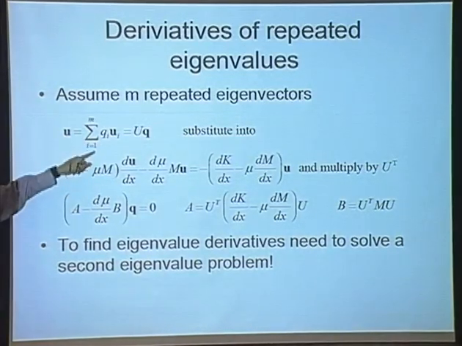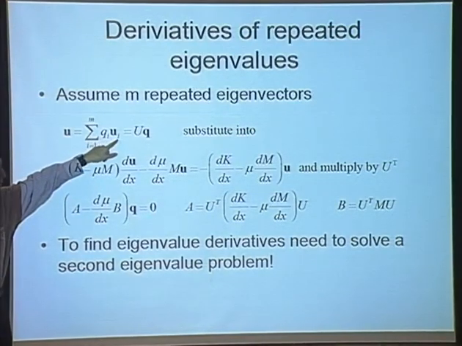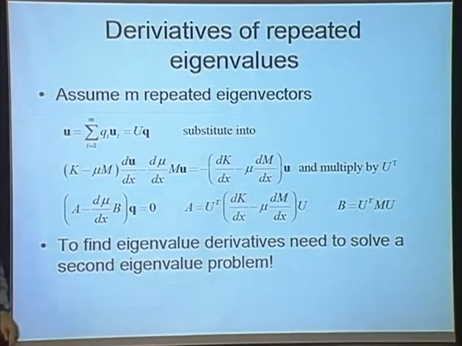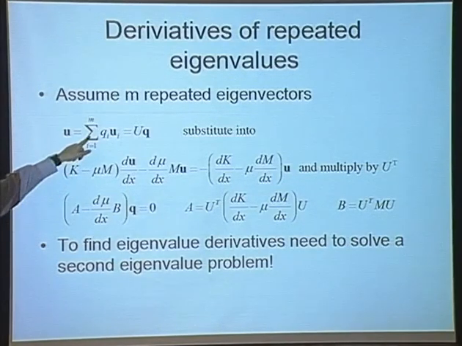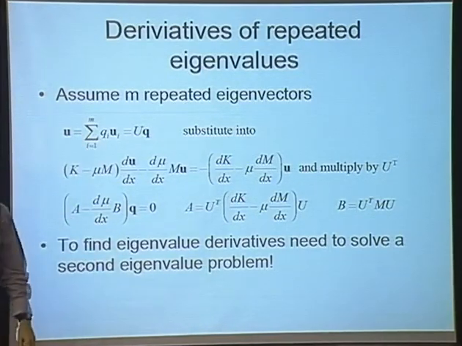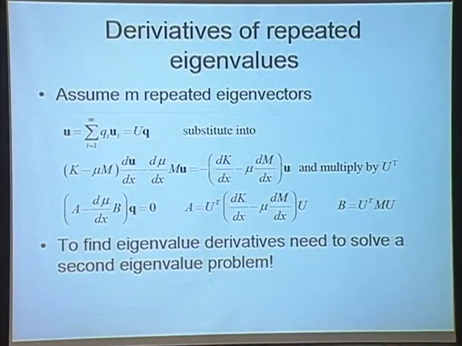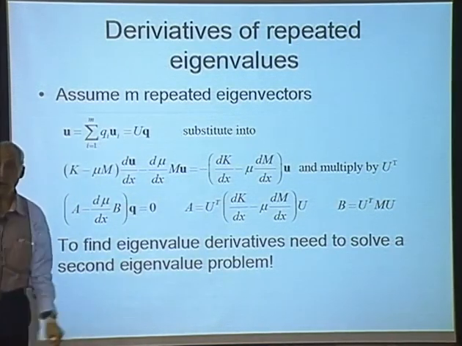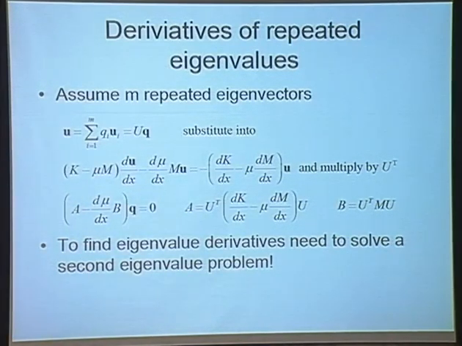I have to apologize that occasionally the subscript i should be a superscript. That's the way it is in the textbook, and from time to time I forget and make it a subscript. So we write that as a matrix U, and in that matrix U we just put the vibration modes right next to each other as columns, times a vector Q, which is how much of each one of them we take. And we say, this is the general vibration mode that corresponds to the same vibration frequency.